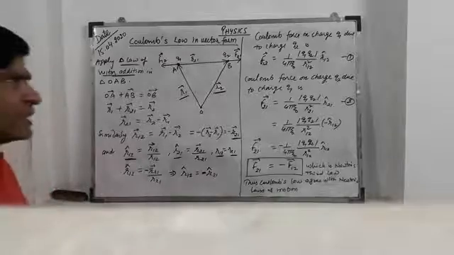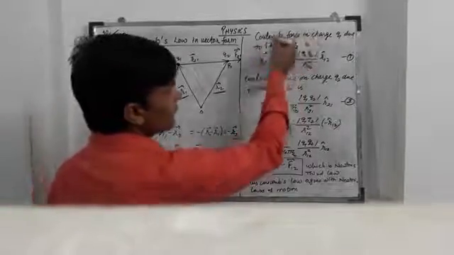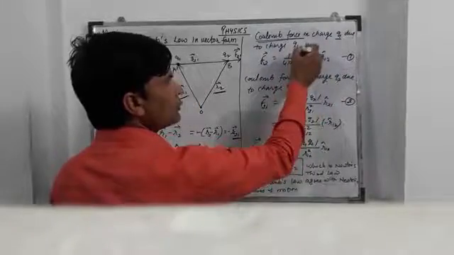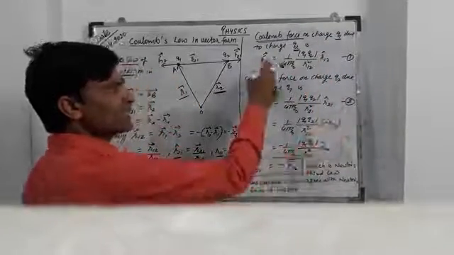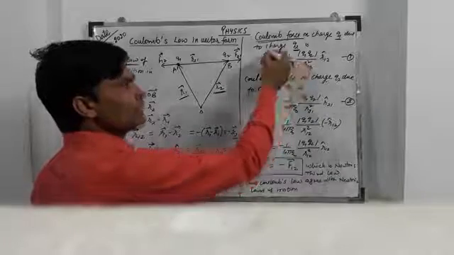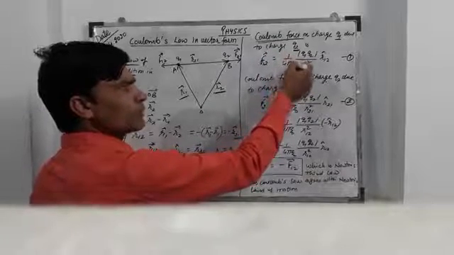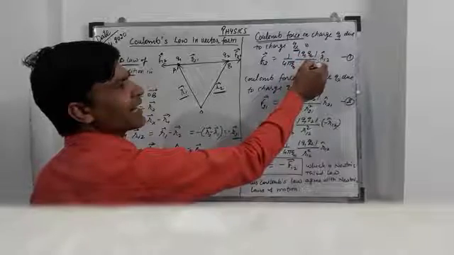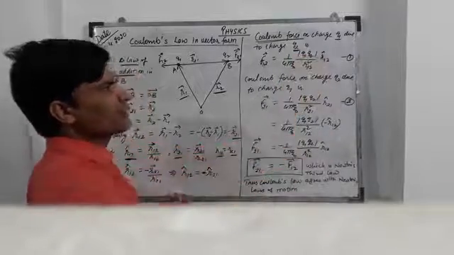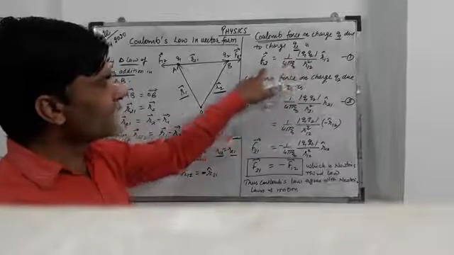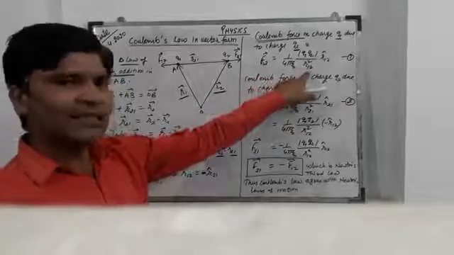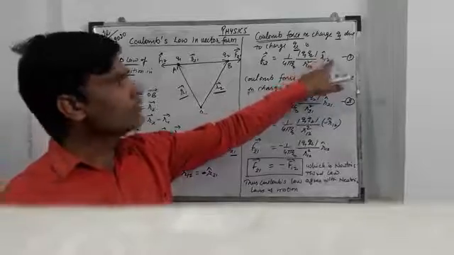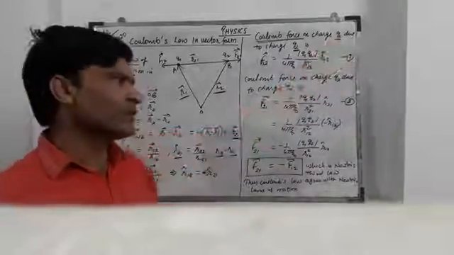With the help of this, we can calculate the Coulomb force on charge Q1 due to charge Q2. That is, the F12 vector is equal to 1 upon 4 pi epsilon naught Q1 Q2 upon R12 square, R12 unit vector.